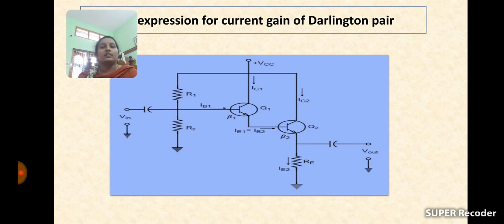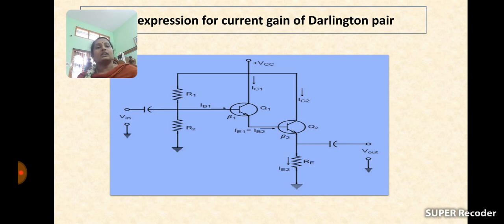And what is the need of input capacitor, or why are we connecting one capacitor across the inputs? The input capacitor is used to allow only the AC signal and it will block the DC signal. Is it clear? So this is about our Darlington pair circuit.